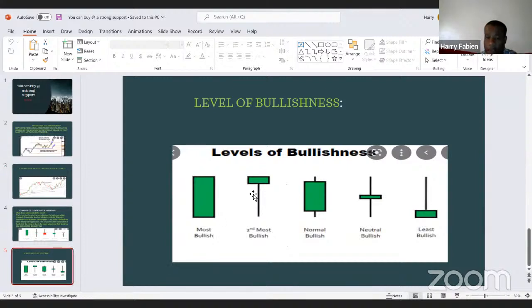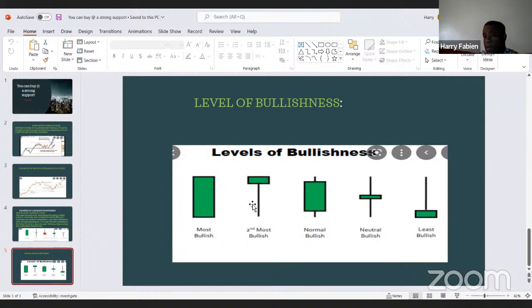But I'm going to show you the levels. The first one is the most bullish. Whenever you see this, that's a big bullish candle. The second one is the second most bullish, and that's a good signal of buying.